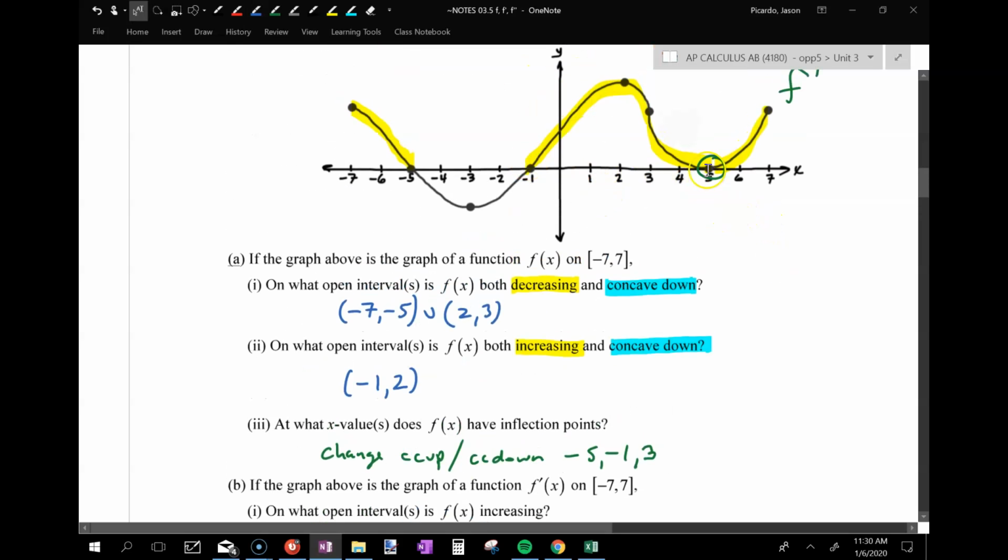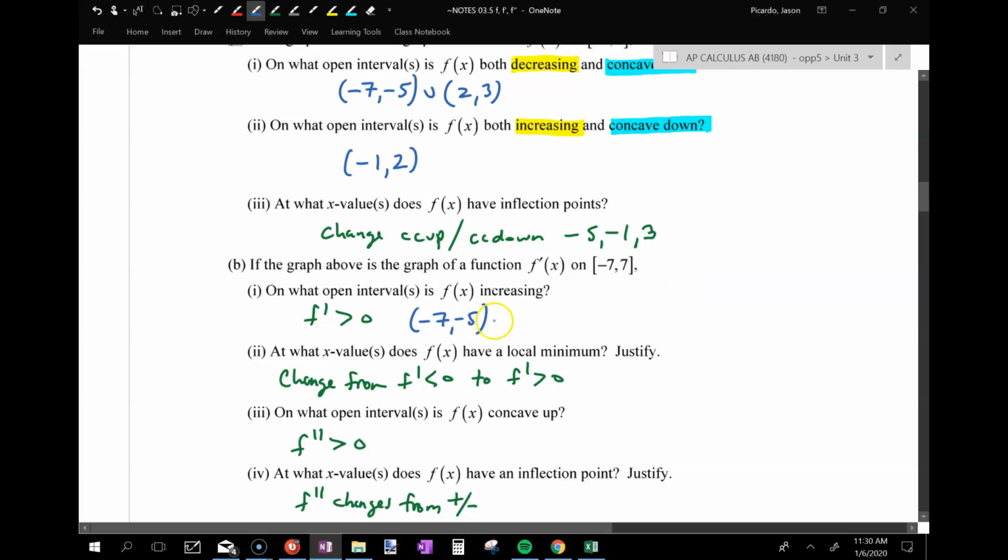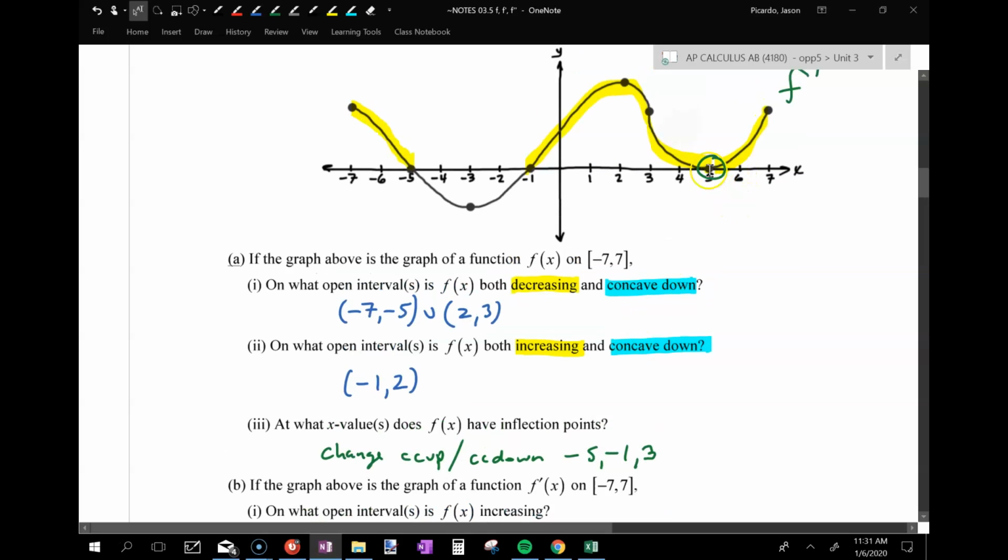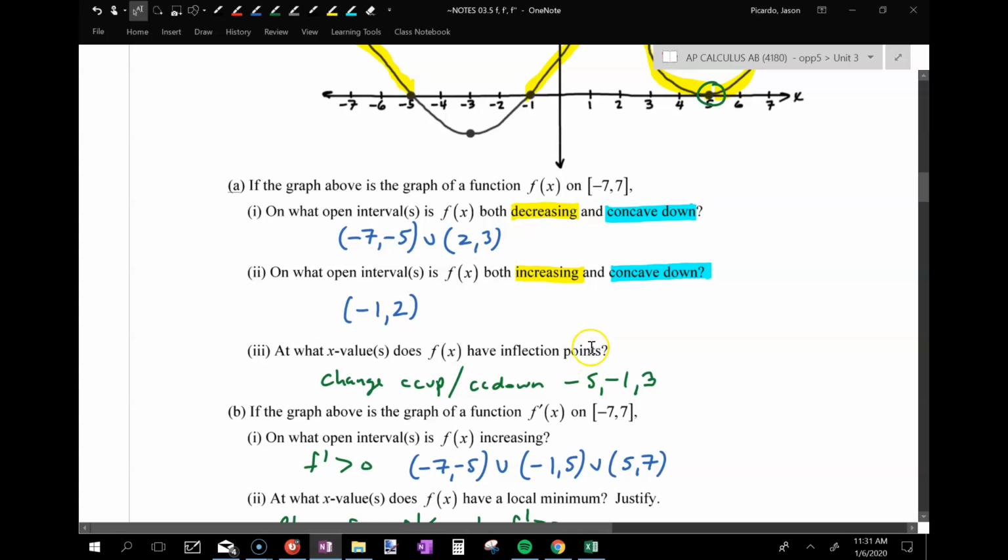From -1 to 5, and from 5 to 7, yeah. And what did that little trick do? It excluded the 5 from the solution, right? Yeah, because 5 is not greater than 0, it's equal to 0, right? Cool?